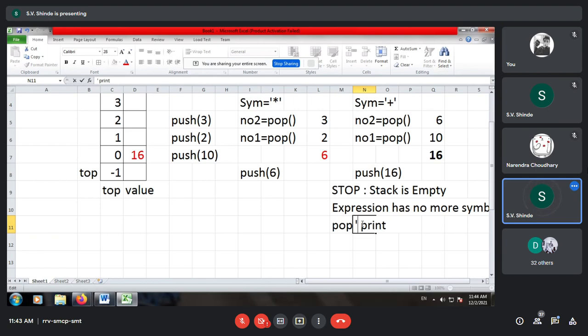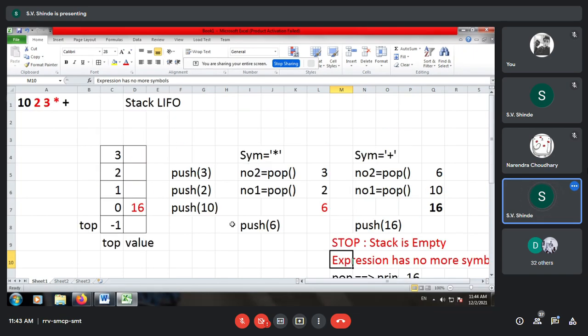So when we pop the last element, we will get the output as 16, and the stack will be empty. So again we met the stopping criteria, that is the stack should be empty, and in the expression there should be no more symbols to be evaluated.